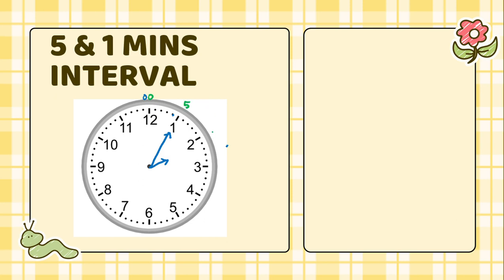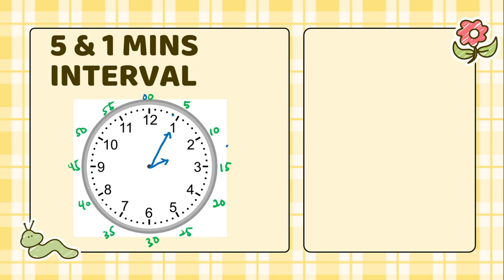If your long needle is at 2, it means it's 10 minutes. 3 is 15 minutes. 4 is 20 minutes. 5 is 25. 6 is 30. 7, 35. 8, 40. 9, 45. 10, 50. 11, 55. And then 12, it becomes 0, 0. It is 60 minutes. The whole round makes 60 minutes, but we call it 0, 0 when you write it down in your answers.